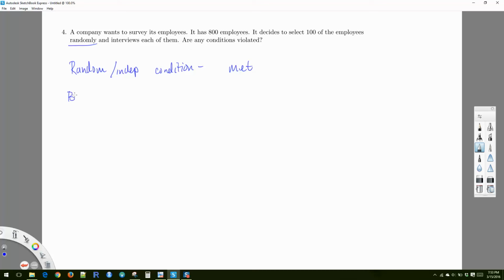And then we've got big population. And here our population would be the company, which has 800 people. Our sample has 100 people.